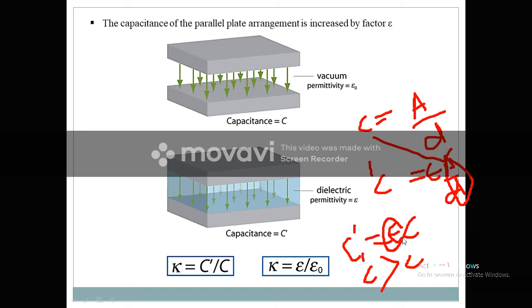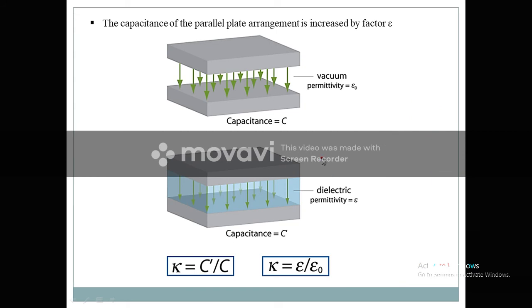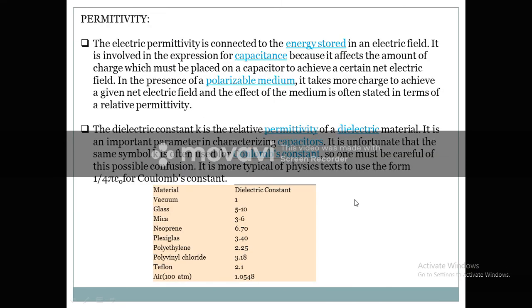By epsilon r. Okay, so it means the capacitance, or the ability to store the electrostatic charges, has been enhanced by placing the dielectric material between the parallel plates of the capacitor.